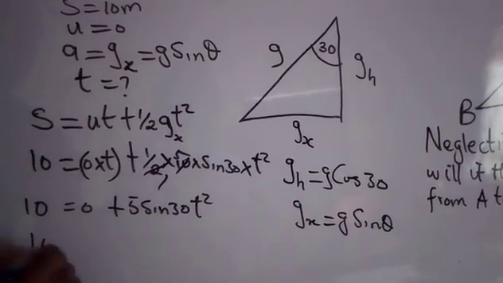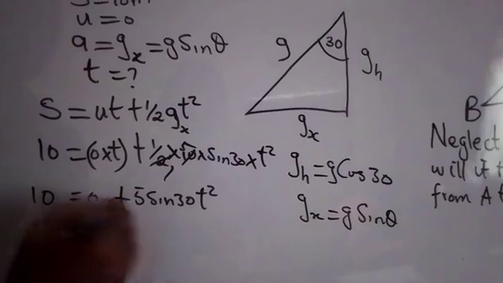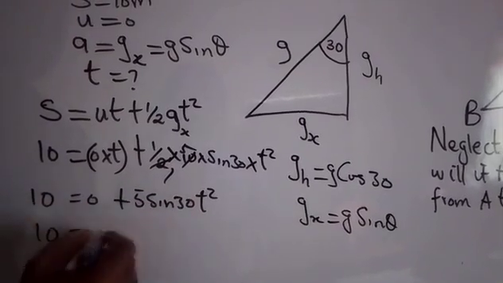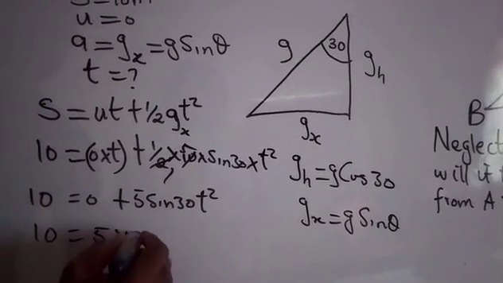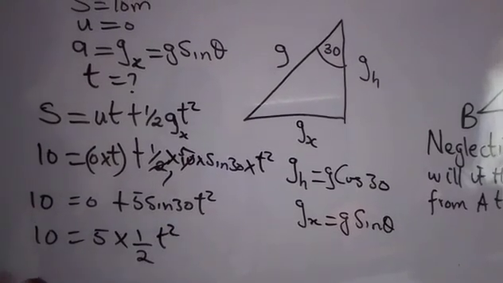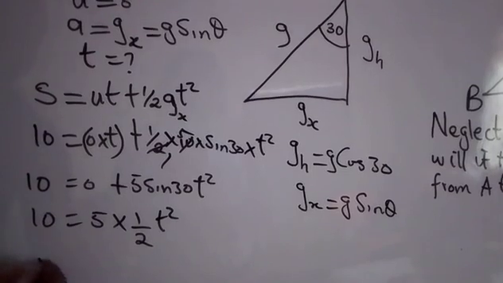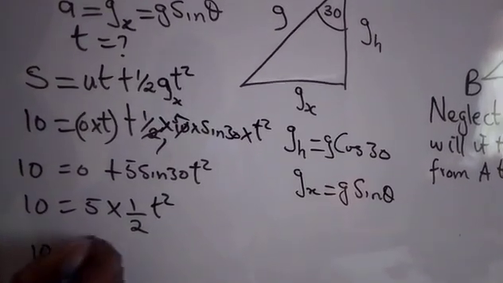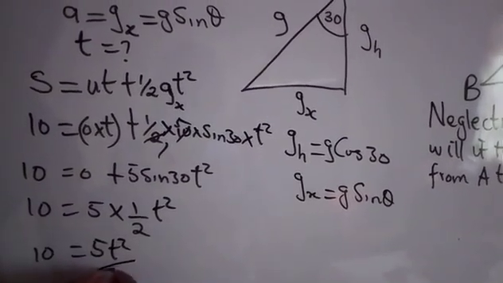Now we'll take away the 0. 5 times sin 30, which is half, times t squared. So 10 equals 5t squared over 2.